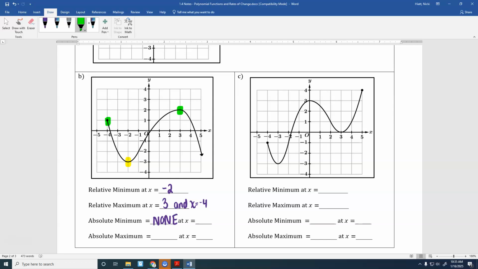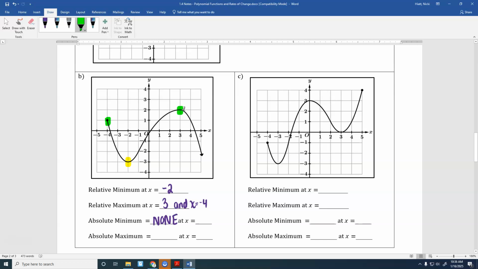So, don't remember this next year. But for right now, yeah, you just wouldn't list it at all. But they tell me in pre-cal we're supposed to call that a relative maximum. It is higher than the points around it, though, so I can still go with that logic, right? So both of those places are relative maximum.